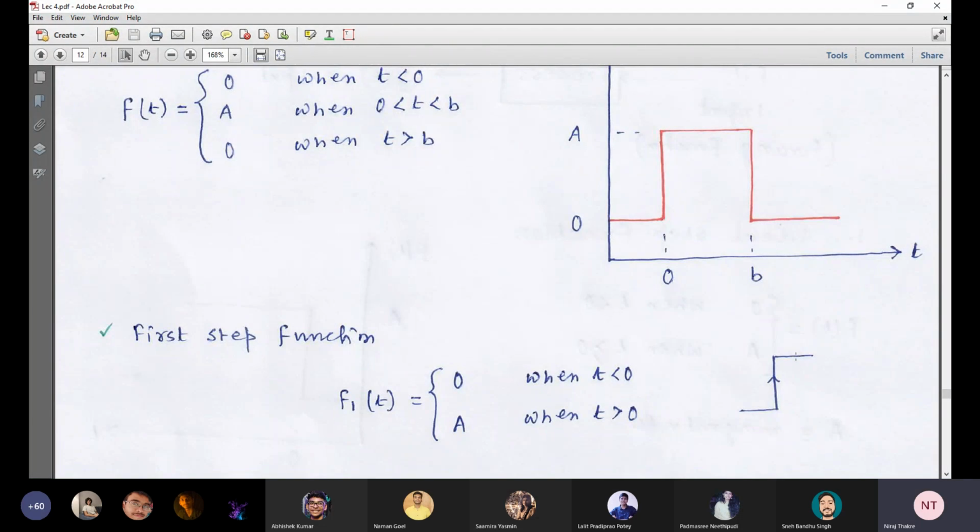It is 0 when t is less than 0, and this F1(t) is equal to a when t is greater than 0. We are considering the first part of step increase. You see, this is a step increase basically.